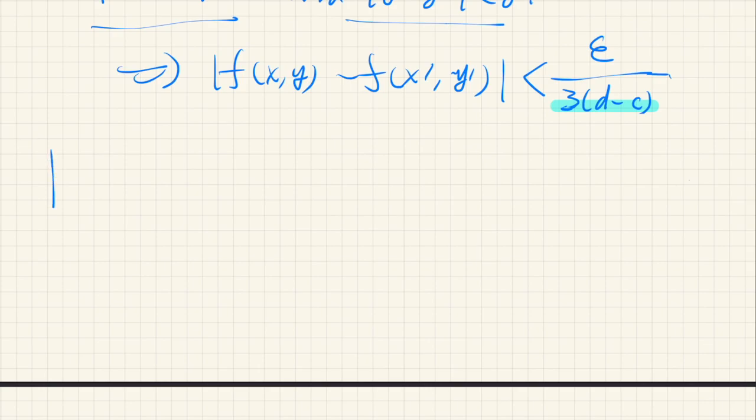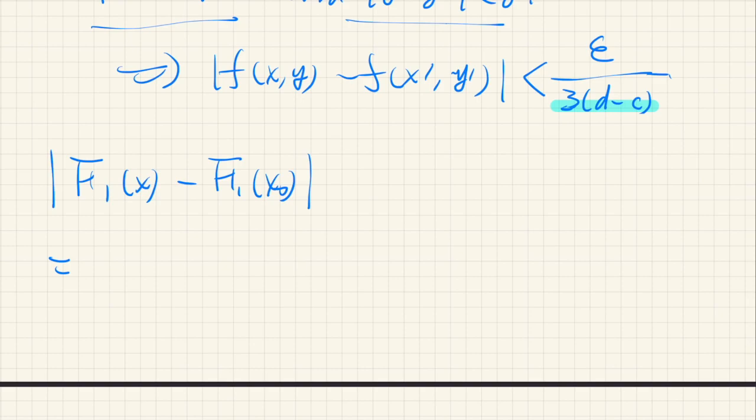So let's consider this quantity, F1 of x minus F1 of x0. After some calculation, we will show that this is less than epsilon. If we can do that, then we have shown that this function is continuous.